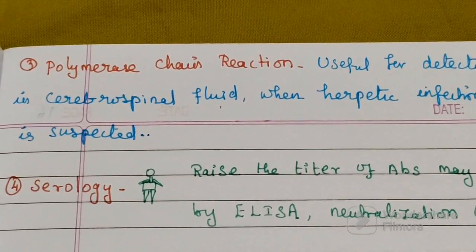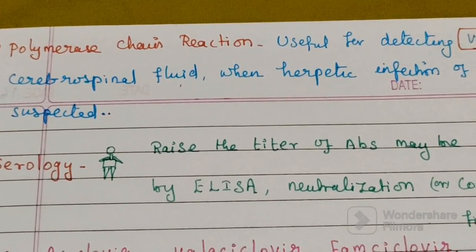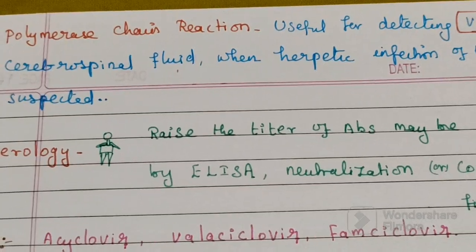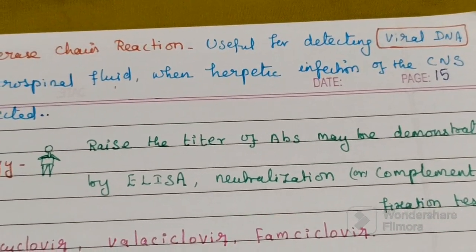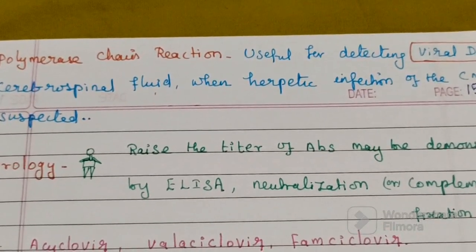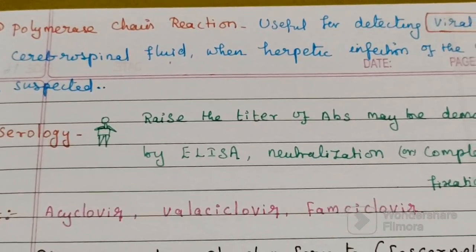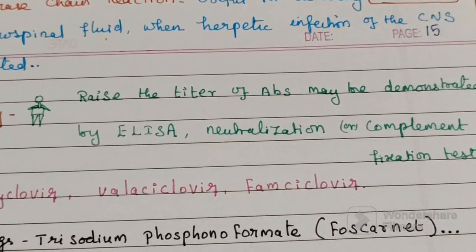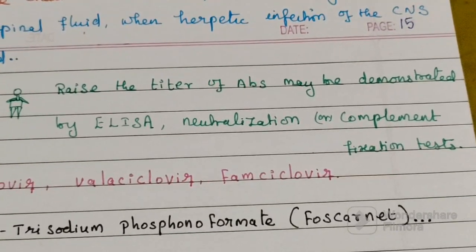Third method is PCR, polymerase chain reaction, one of the best methods to detect the genetic material of the virus, because it contains double-stranded DNA molecules. The last one is serology. Take patient blood samples, not vesicular fluid.